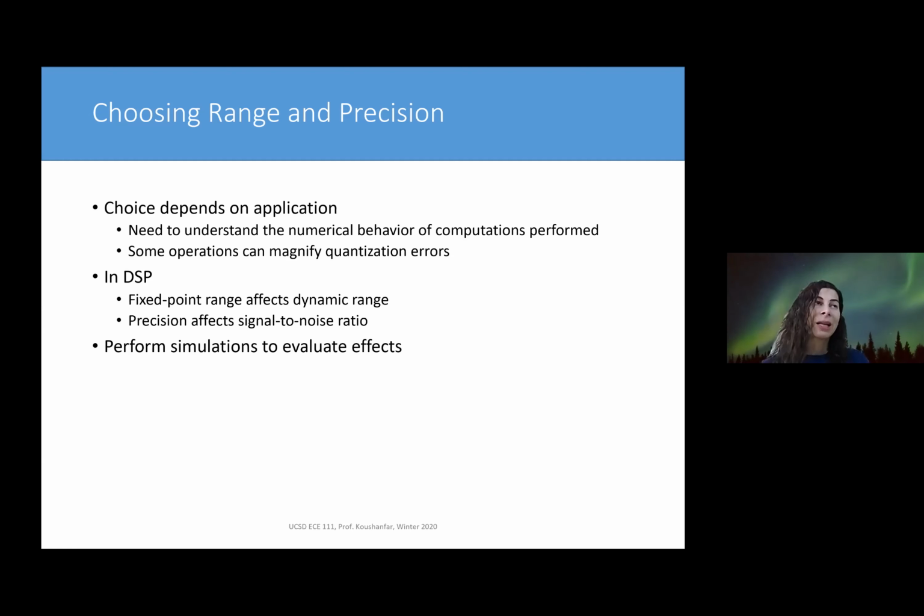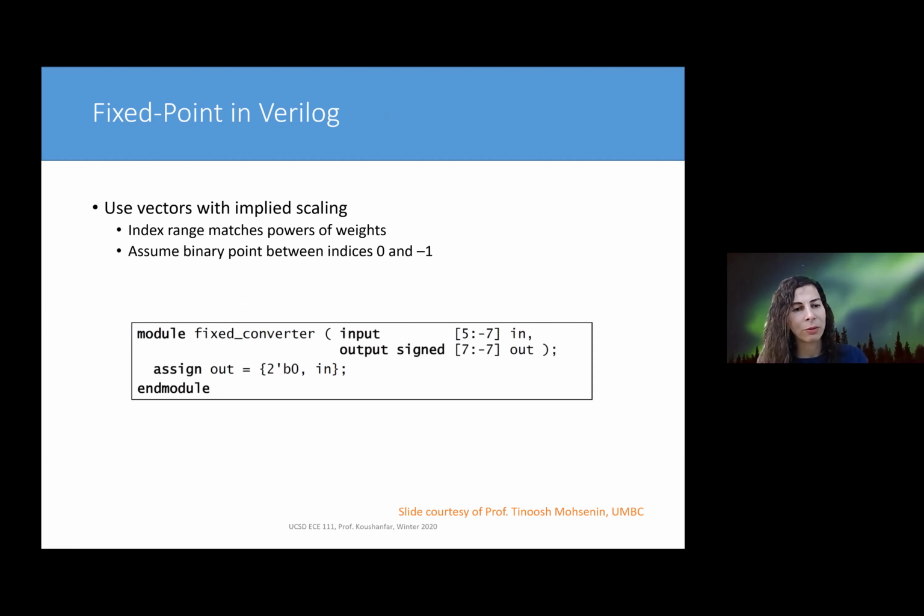As I said, fixed point representation is useful for some tasks. It may not be the best choice for many different tasks. In particular, if you're trying to use it, you need to be very careful about the ranges. One way to do this is to use vectors that have this scaling implied, where the index range matches the power of weights.